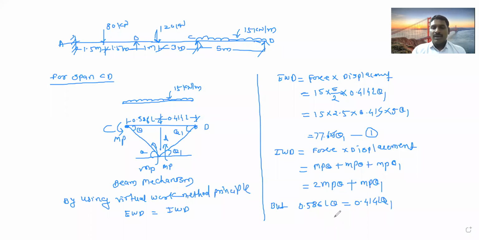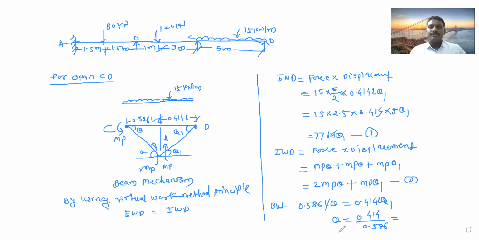So now calculate the value of theta and we will put it into the second equation. Here L gets cancelled, correct? So 0.414 divided by 0.586.